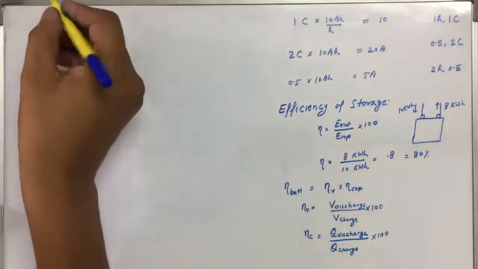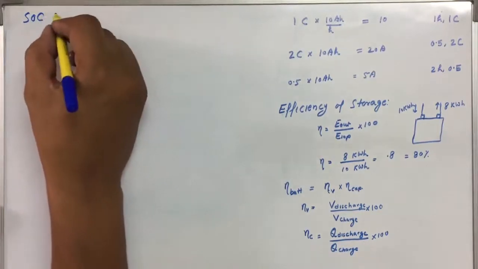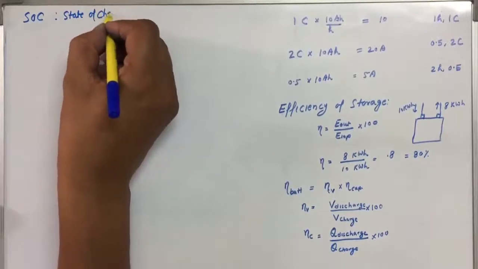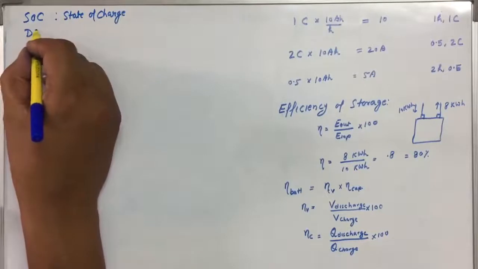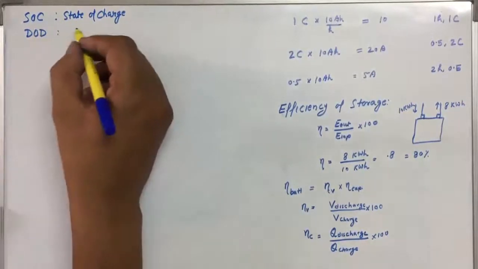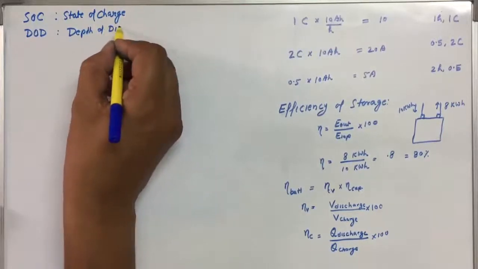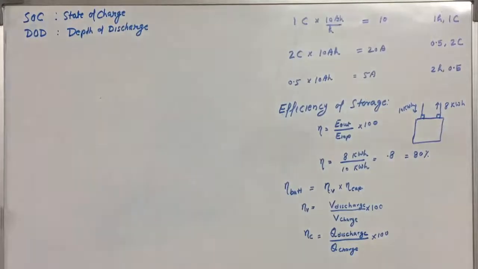The next important terms defined in the case of a battery are state of charge and depth of discharge. These two terms are defined in the case of a battery.